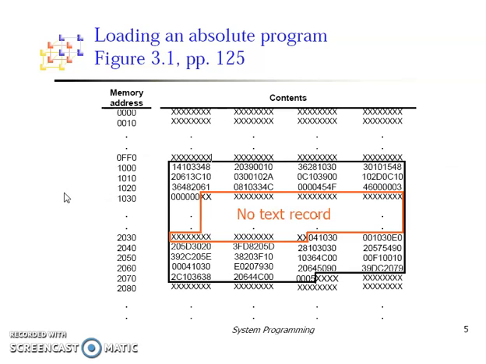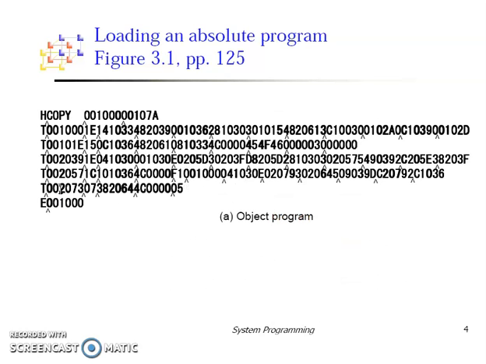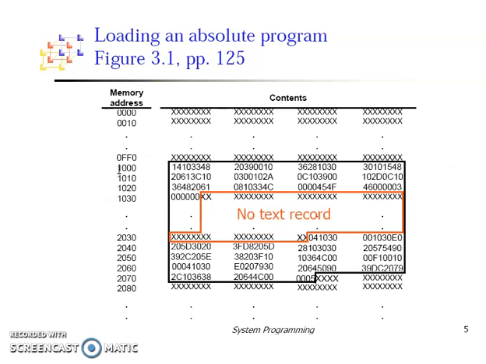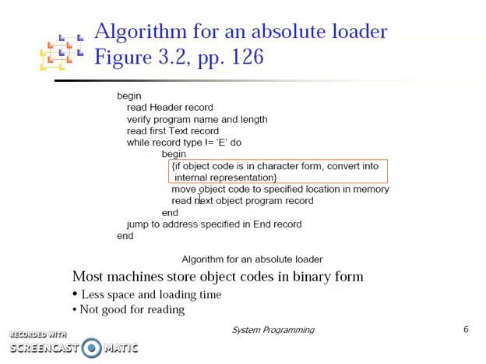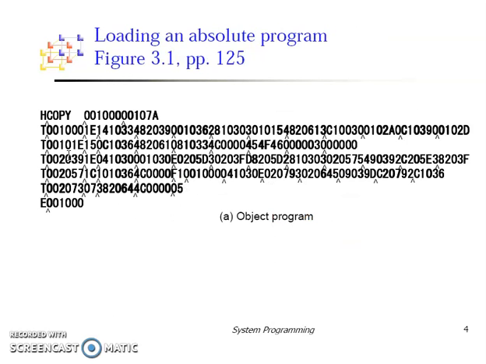Now let us see how the object program is loaded into memory. The first text record has the address 1000, and based on this address, in memory also, the first text record is placed at address 1000. Similarly, it continues till 0003.